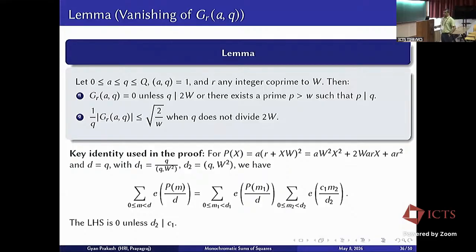So unless D2 divides C1, this will go away. C1 is this term, 2WAr. Okay, sorry, the coefficient of the x term.